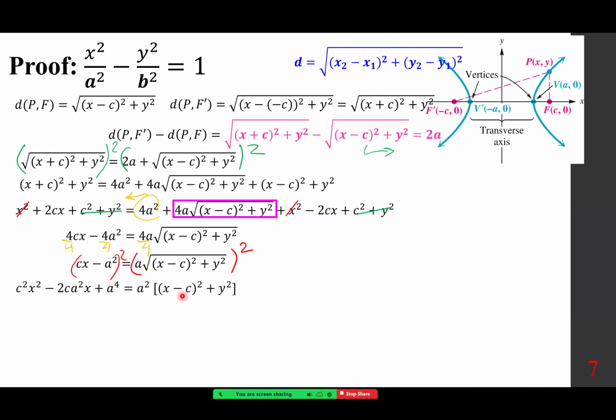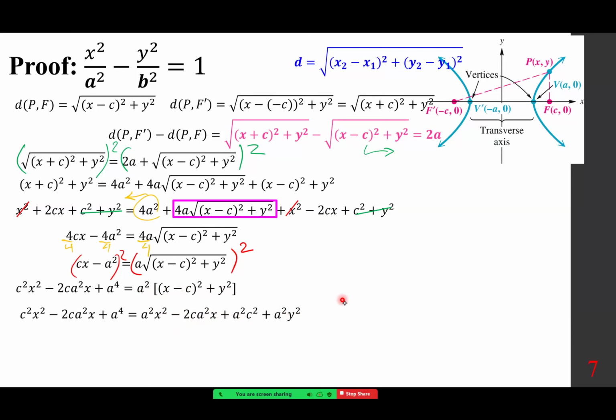We're going to take this to the power of 2, becomes x squared minus 2cx plus c squared, and this remains unchanged. And we're going to multiply everything by a squared. So we get a squared x squared minus 2c a squared x. And this was c squared, so a squared c squared. This one is y squared, becomes a squared y squared.